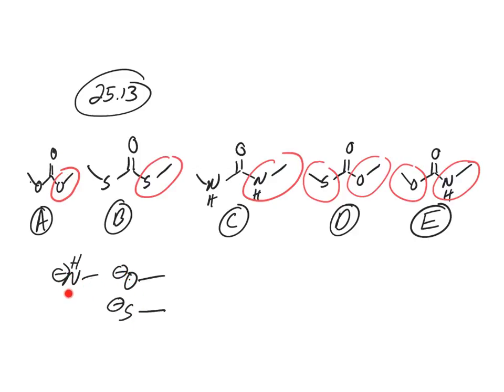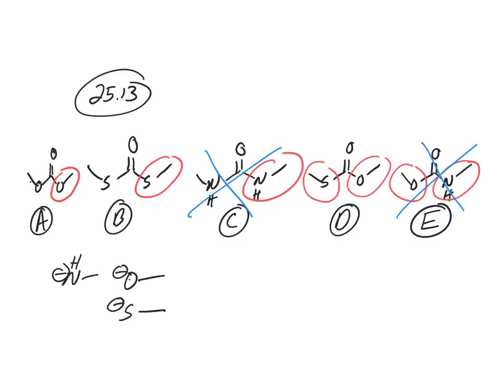So you should automatically know, well, nitrogen's less electronegative than oxygen, which means oxygen's going to be able to stabilize a negative charge better, so it's going to be more stable. So that'd be a better leaving group. So you can automatically eliminate C as a bad answer because that has 2 leaving groups that aren't very good. And E has 1 that's not very good.